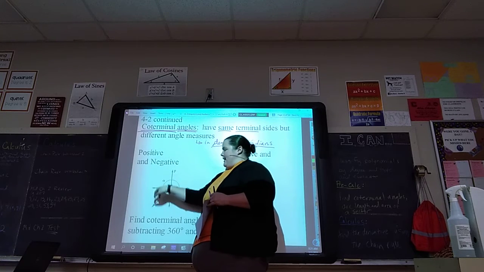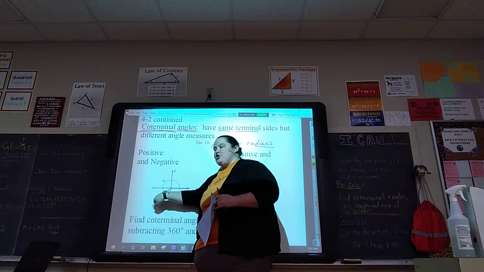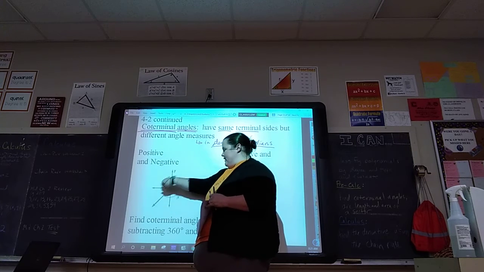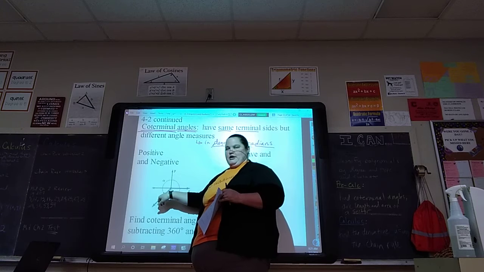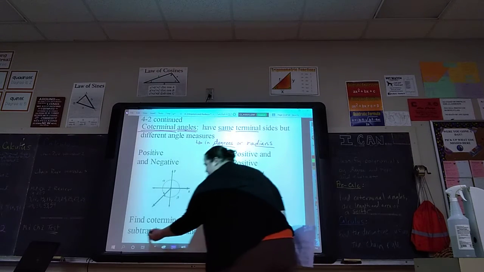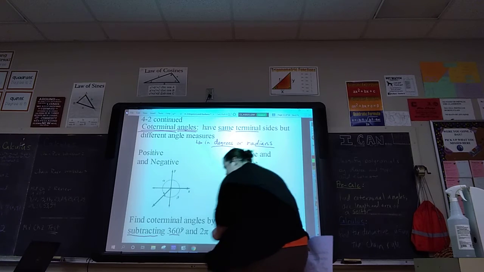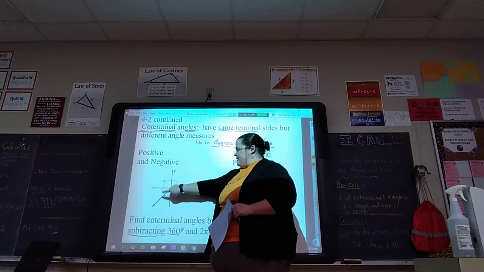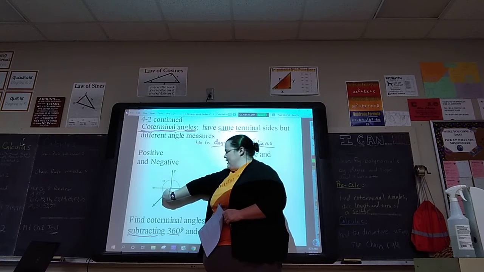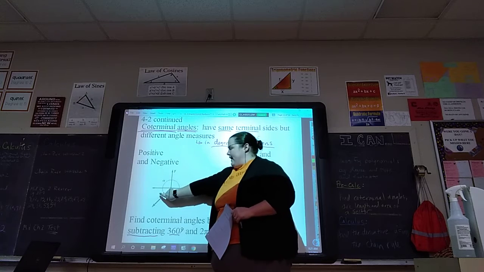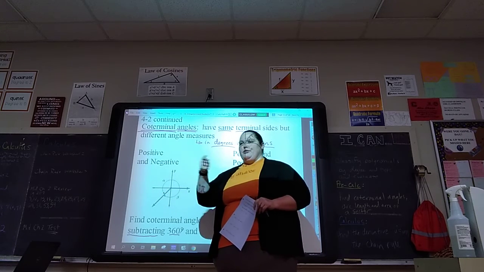If I give you a positive angle, we can subtract a whole rotation from that angle, and that'll give us the clockwise rotation, or the negative representation. You find it by subtracting 360. If you have a positive degree, you can subtract 360 from it, because then it'll go negatively around the circle and end up back in that same position, because 360 is a whole rotation.